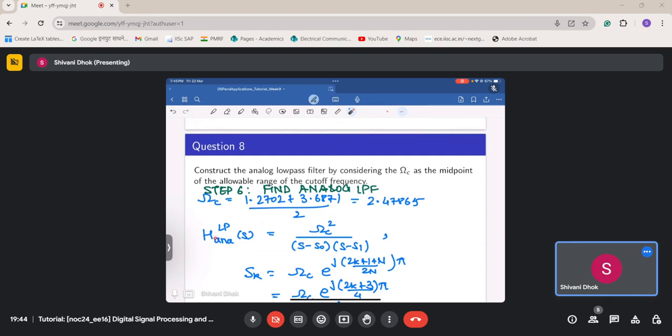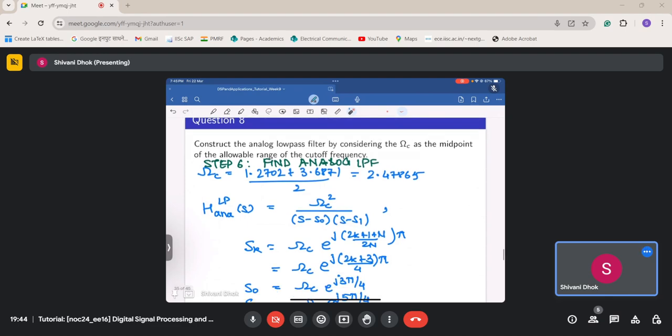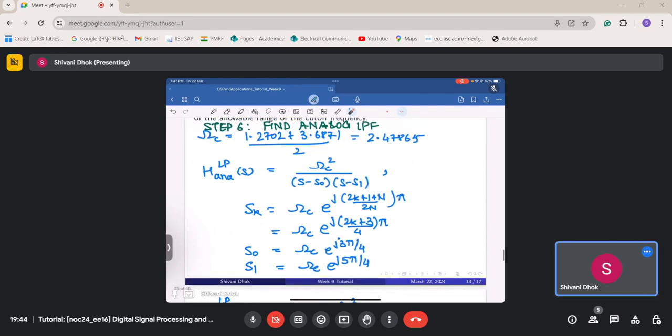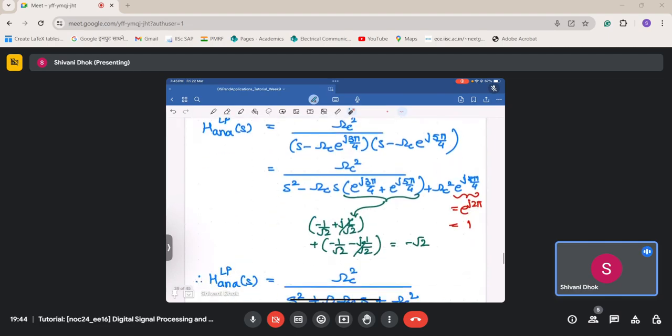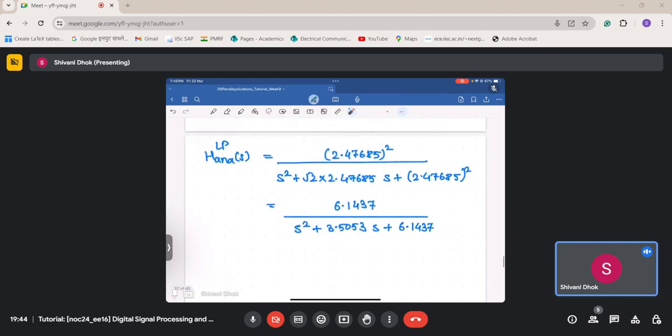So this h analog lp of s is omega c square upon s minus s0 into s minus s1, and this sk is given by omega c into e power j 2k plus 1 plus n upon 2n into pi. And if we simplify this and figure out the values of sk's, and then we can just substitute them in this transfer function. So if we simplify, we will get a transfer function which came out to be something like this, and this is the transfer function for analog low pass filter.